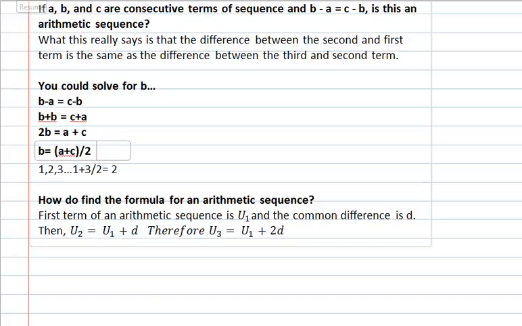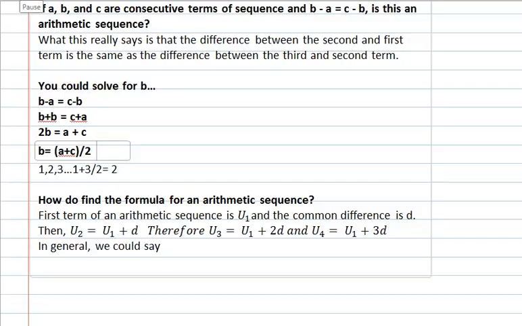We can find u3 by taking the first term, u1, and adding the difference twice, once to get to u2 and one more time to get to u3. In fact, u4 is simply u1 plus 3 times the difference, because we've had to go one time to get to u2, a second time to get to u3, and 3 times to get to u4.